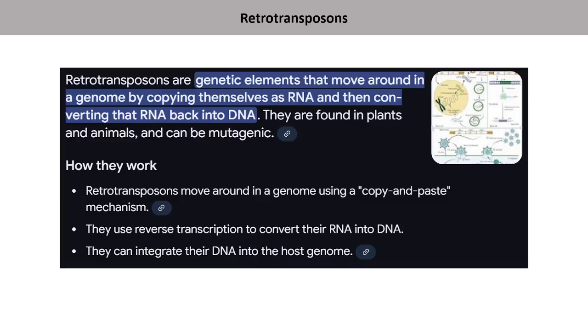Suppose there is some XYZ gene and that XYZ gene is present on chromosome 1, say from location 1000 to 1200. That location is very precise and it is always present on that particular location only. Now suppose that gene needs to move from chromosome 1 to chromosome 2 for whatever reason.